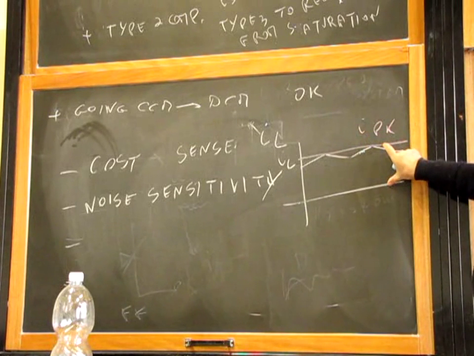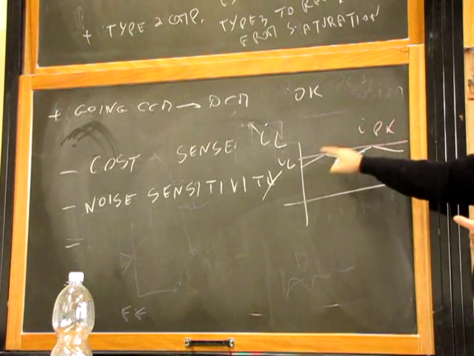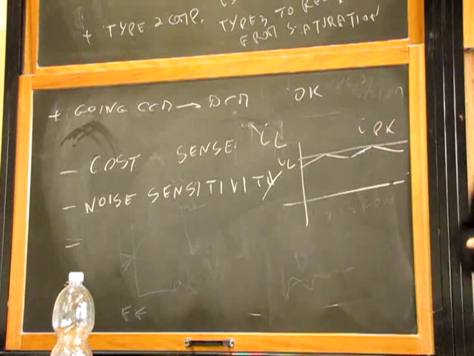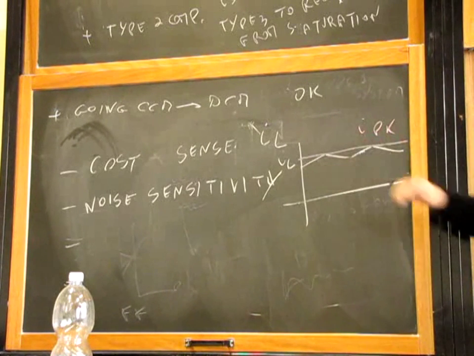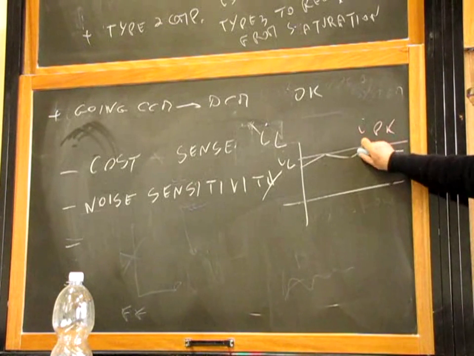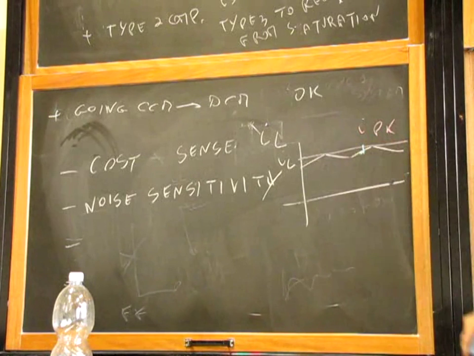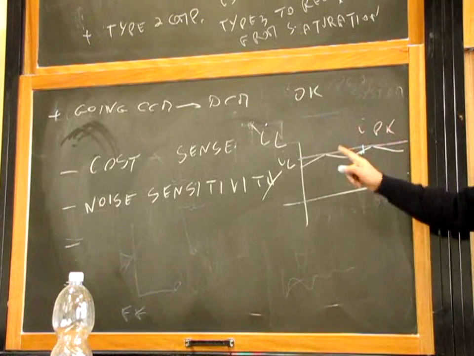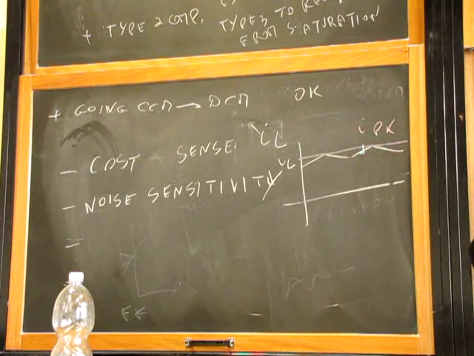Because this maximum voltage is maximum 1 volt, and if this is 1 volt, probably this ripple is maximum 100 millivolts or less. So if there is a small spike over here, that is not a current jumping up, current cannot jump up in the inductance.